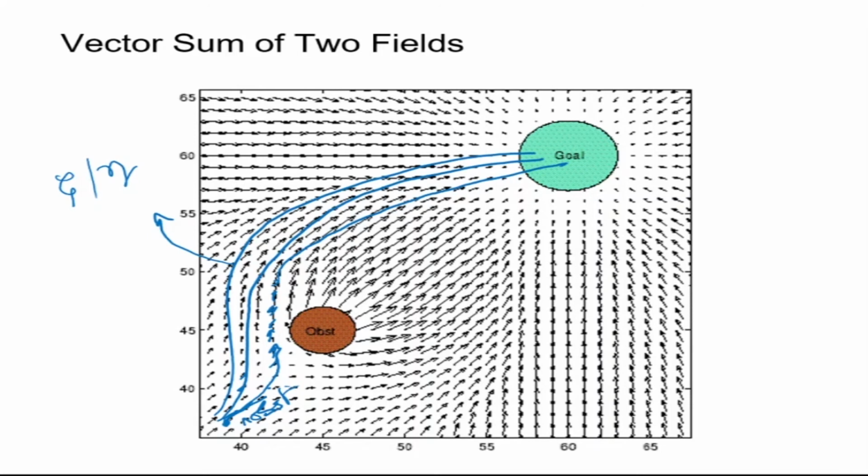And also it depends on your q star, which is the distance at which the repulsive field is active. So at every point in the workspace, there is a vector which is guiding the robot towards the goal and away from the obstacle. And the direction of the vector would depend on the numerical values of zeta and eta that we are going to assign.